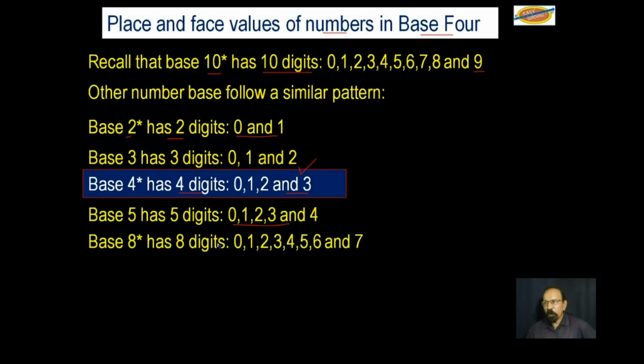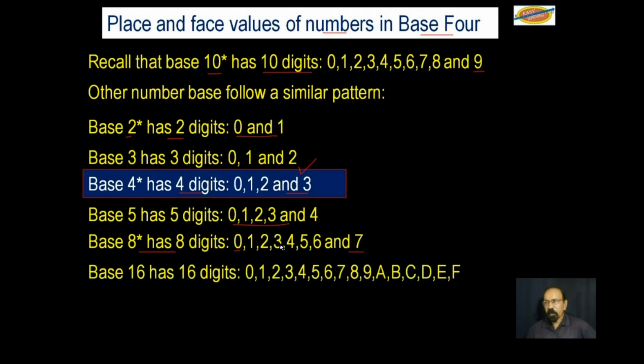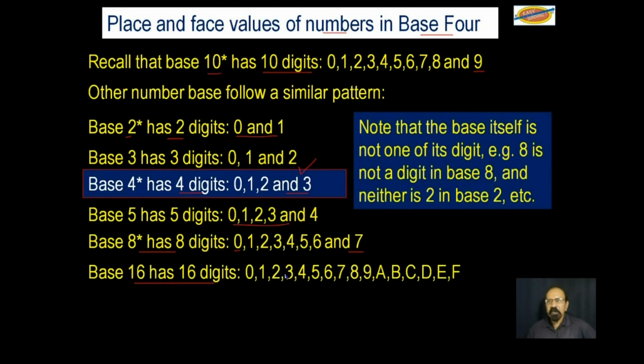Base 8, which we will do next in this same video, has 8 digits, 0 to 7. Base 16, which we don't have to do. As I said, the base itself is not one of the digits in that base. For example, 8 is not a digit in base 8, and neither is 2 a digit in base 2.